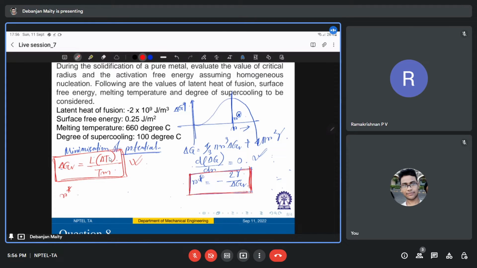So R star is equal to minus 2 gamma Tm divided by L into delta T. So your gamma value is given as 0.25 joule per meter square, and your melting temperature is 660 degrees C. L value is given also, which is latent heat of fusion, and this degree of supercooling is also given.